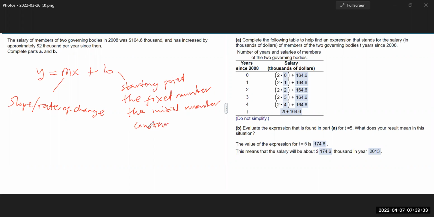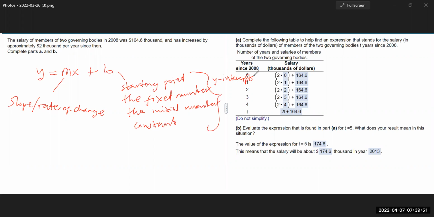So these are names that are used to describe your y-intercept. All these refer to the y-intercept. So we're going to use these definitions to deconstruct the problem that we have.